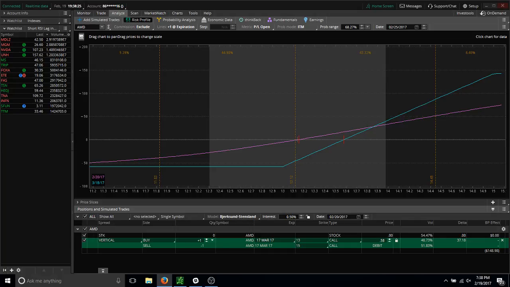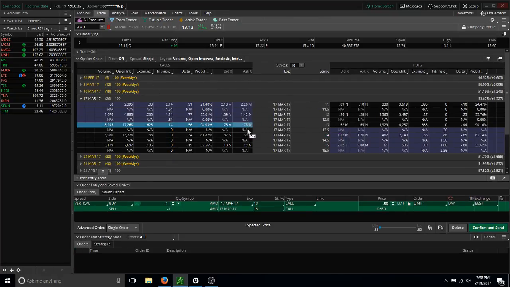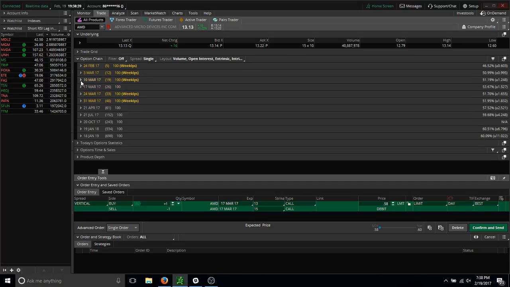Yeah, we can go over some of this other stuff. For a vertical call, I can do one in the money. Let's go to the trade tab here. I don't know why I'm showing these NAs here. I've never seen that before.